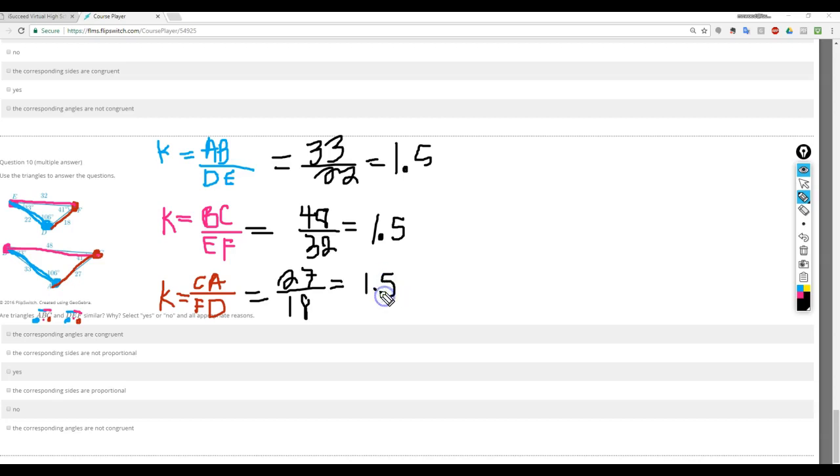Since our scale factors are all the same, the corresponding sides are proportional. So yes, because corresponding angles are congruent and the corresponding sides are proportional.